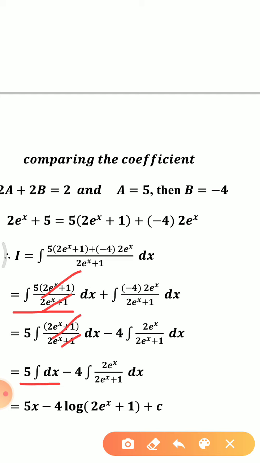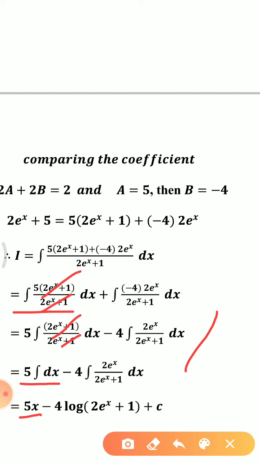Minus 4 is a constant outside the integral, minus 4 into 2 e raised to x upon 2 e raised to x plus 1 here, that is remaining 5 integration of dx minus 4 into integration of 2 e raised to x upon 2 e raised to x plus 1, and integration of dx is x, that is 5x minus 4.